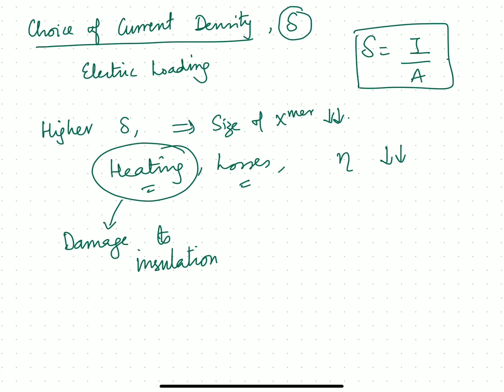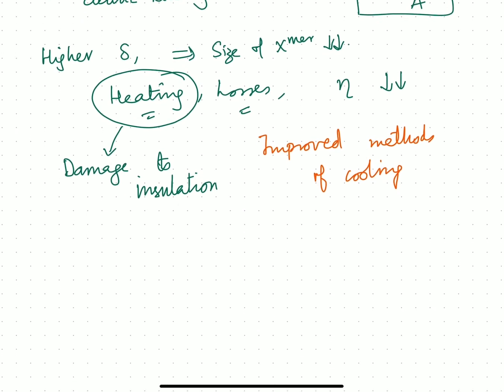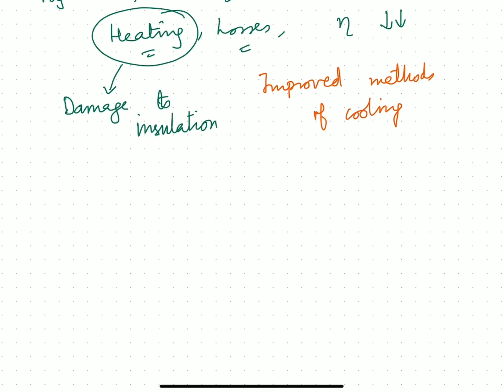So improved methods of cooling would be required to cool transformers with higher current densities. Again we have a table.